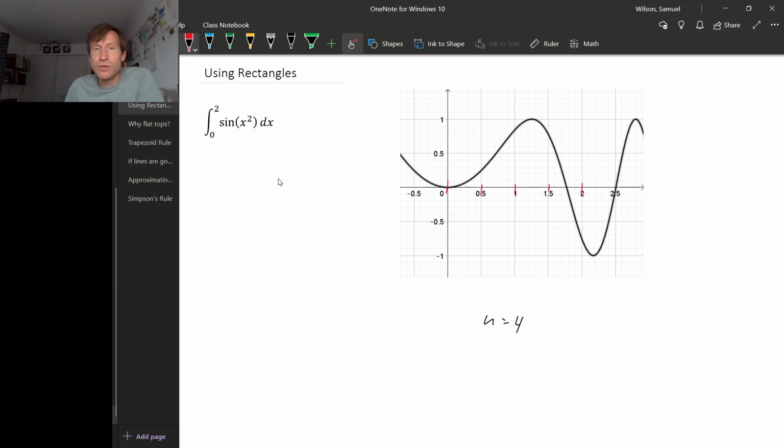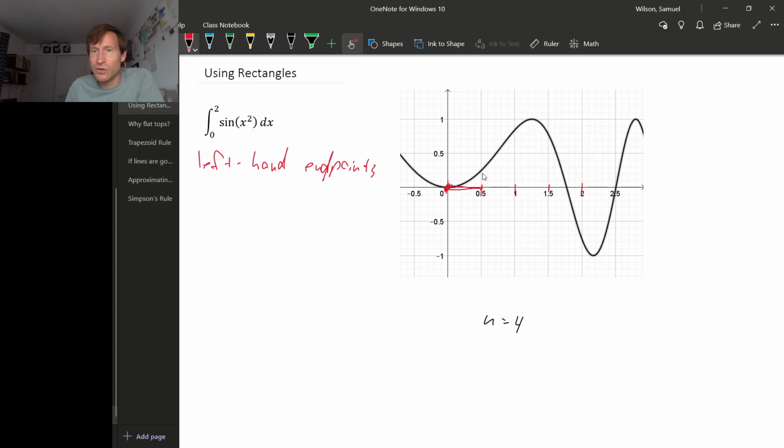So if you use left-hand endpoints, that's going to look like this. On each interval, you use the left-hand endpoint of that interval, the height of the function there, to decide how tall your rectangle is. On this first interval, the left-hand endpoint has height 0, and so the rectangle has height 0.